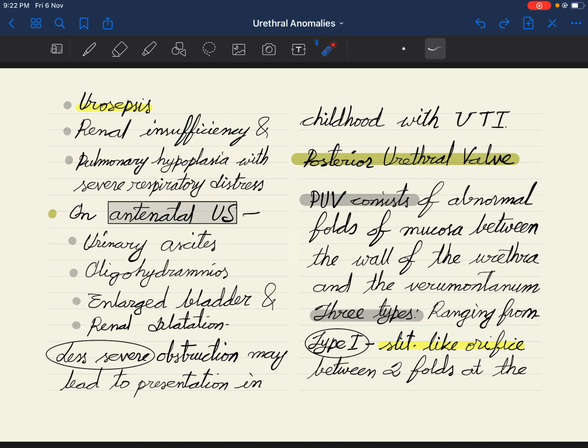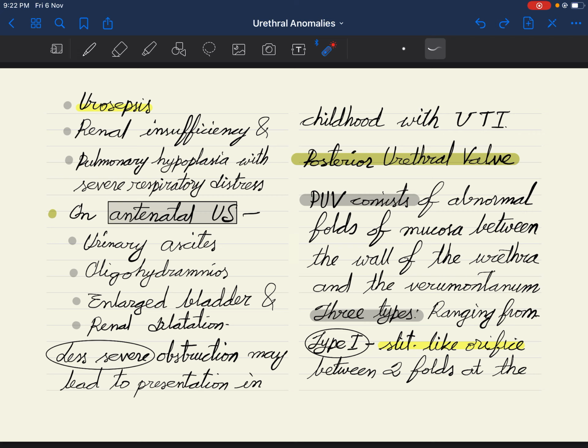And the boy may be shown by antenatal ultrasound as urinary ascites, oligohydramnios, enlarged bladder, and renal dilatation. Less severe obstruction may lead to presentation in childhood with urinary tract infection.